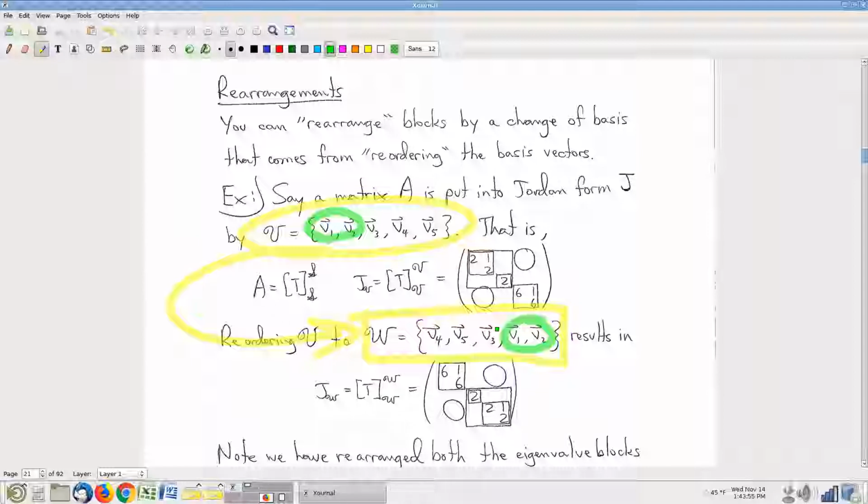We talked about all the details last time, so this is a very quick overview, but every rearrangement of blocks is a change of basis. Therefore, every rearrangement of blocks is a similarity, or conjugation if you prefer. I prefer similarity or change of basis.